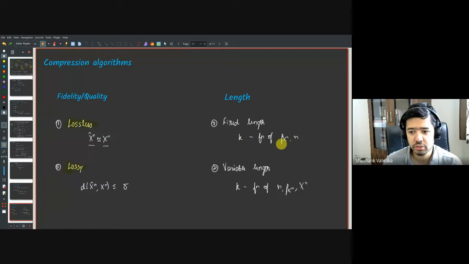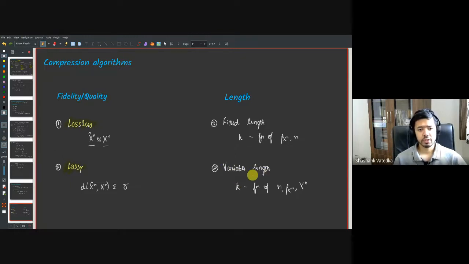So k is a function only of n and P_{X^n}. Whereas for variable length compressors, it can be not just a function of n and P_{X^n}, but it can also be a function of the realization of the original file. So if you have two files which are drawn from the same distribution, the length of the compressed sequence could potentially be different for variable length compressors.